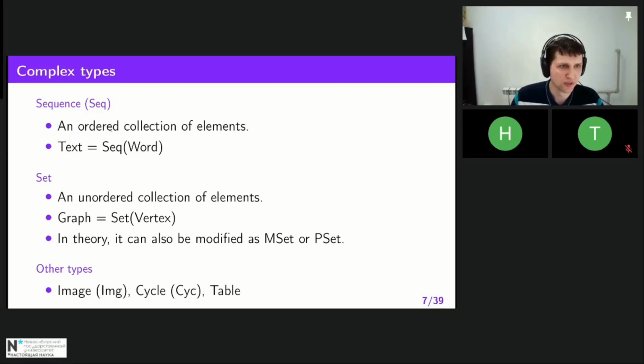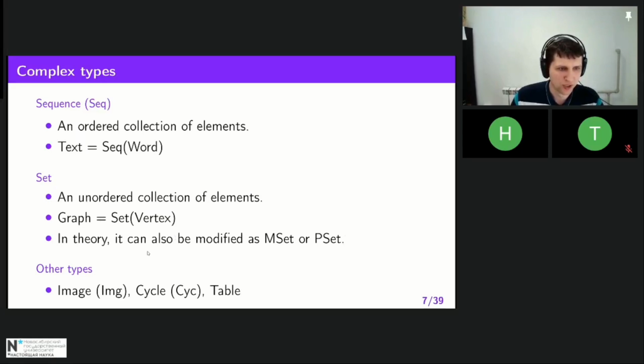A sequence is an ordered collection, and a set is an unordered collection. There are also other types in ADT, like multi-set and power set, but in this case there is only one set type, so they are not considered.